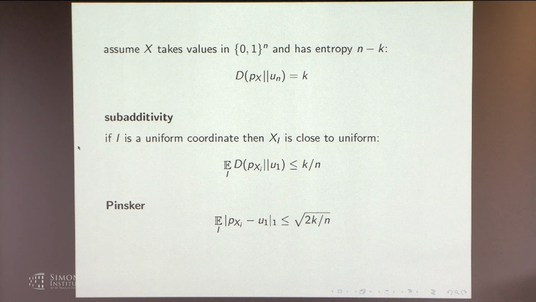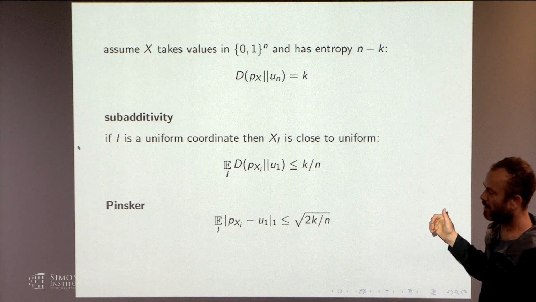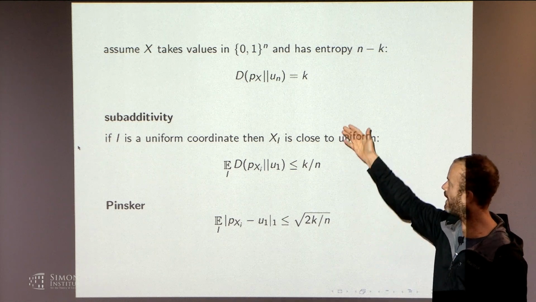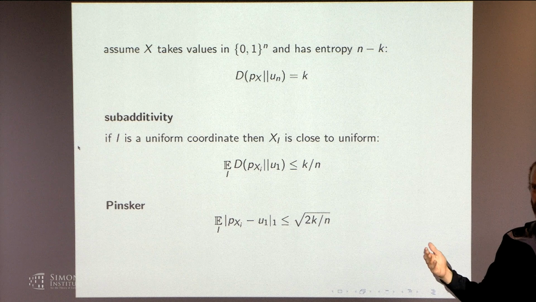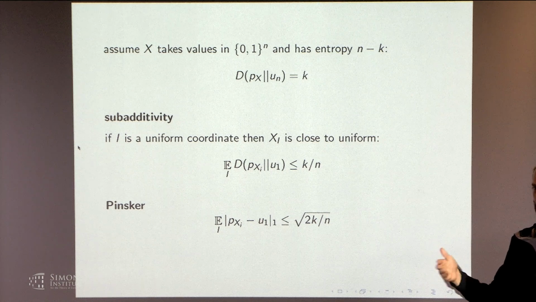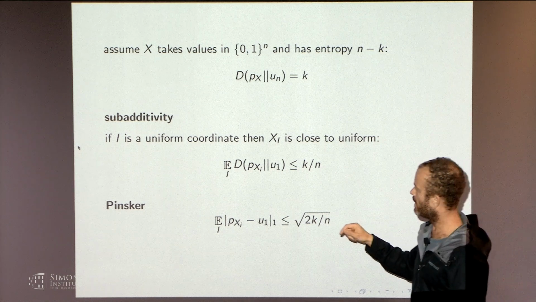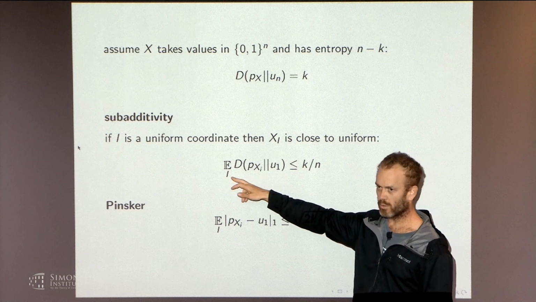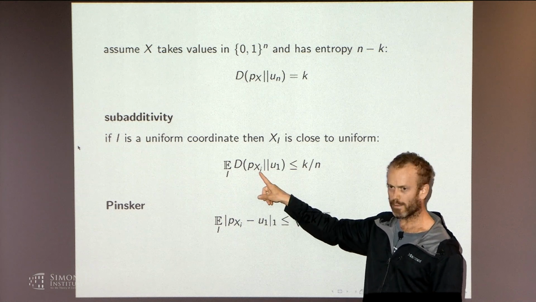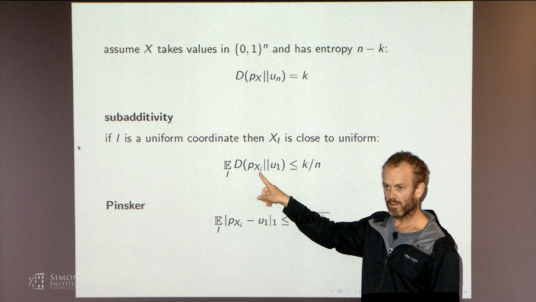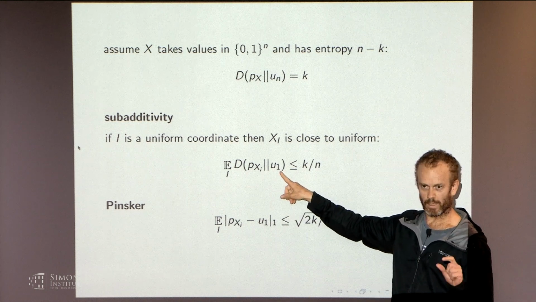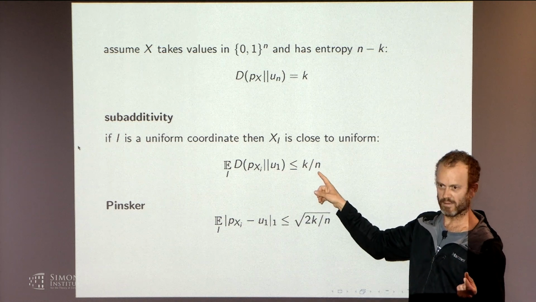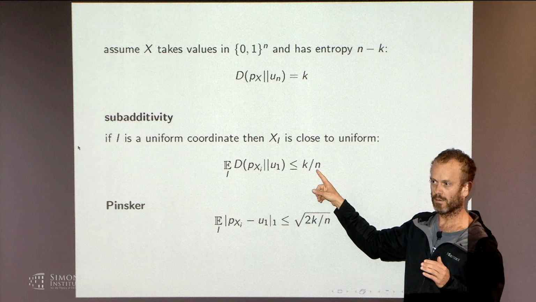Then what KL divergence allows us to do, which is amazing, is subadditivity. What does it mean? It means that if we choose a random coordinate and look at the ith coordinate of X, it will be close to a uniform bit, and the distance is divided by n.